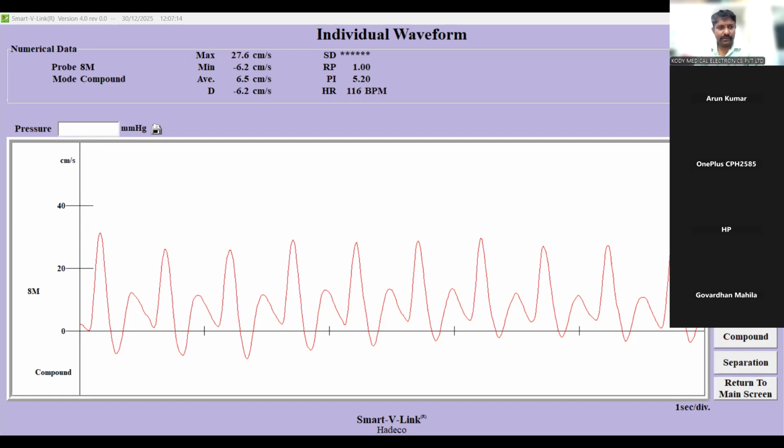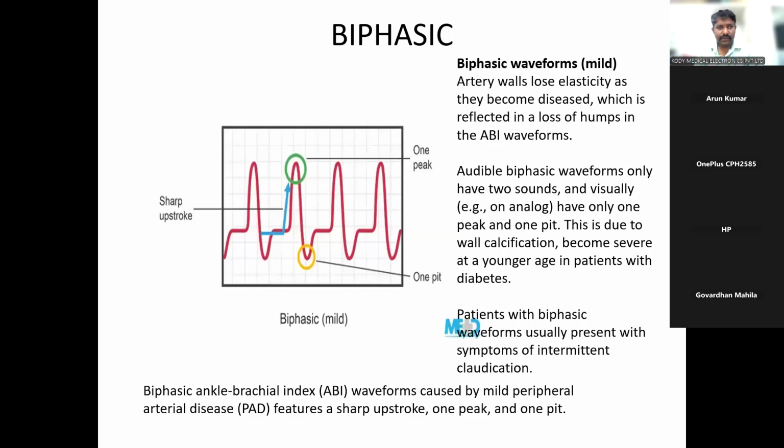Wait a minute. Can you see it now? Yes, now it's visible. You could clearly distinguish this waveform from the previous one: there is no late diastole, the third peak is not there.